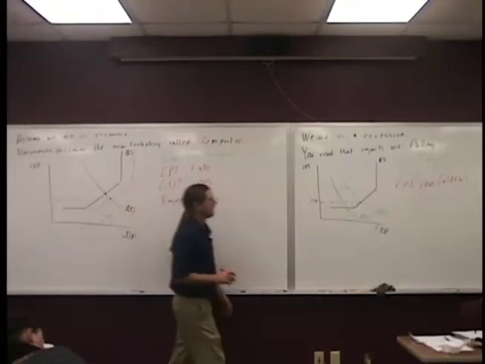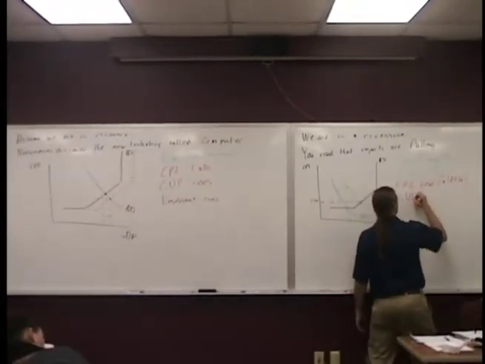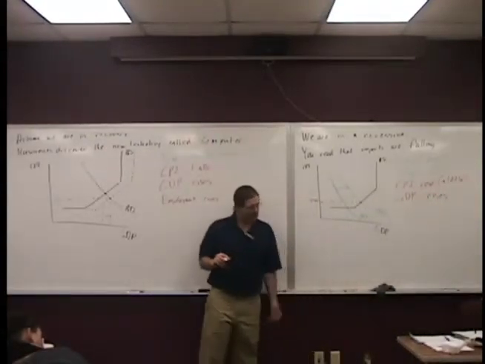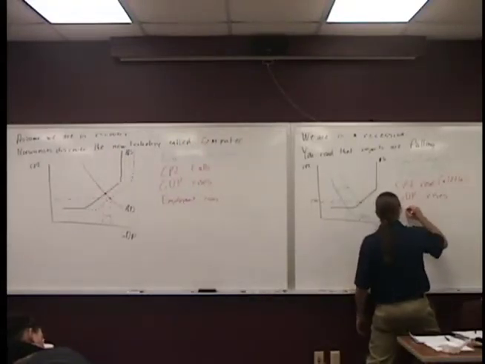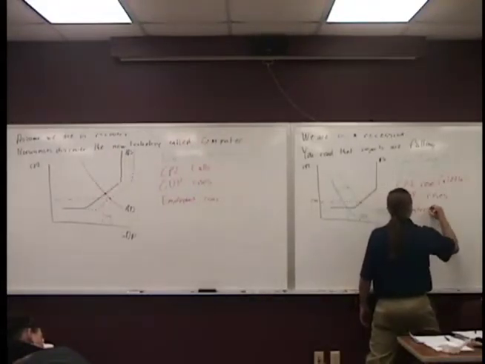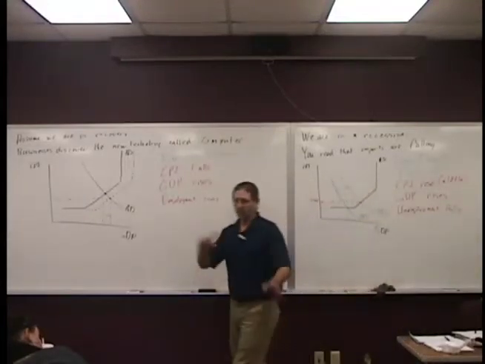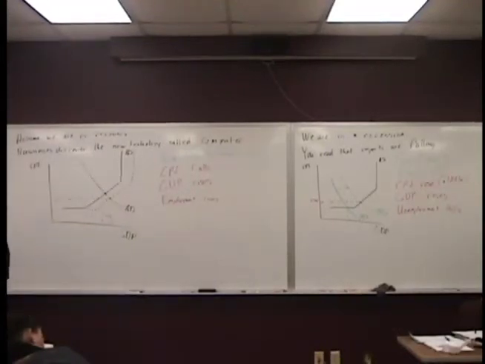All right. What happened to GDP? GDP rises. It rises a decent amount. And, of course, what comes with a rise in GDP? Employment rises, unemployment falls. Again, you can do it either way. Say employment or say unemployment. Just make sure you write the right thing.